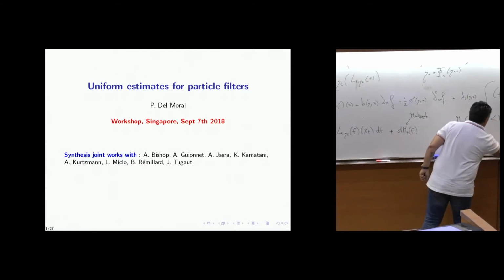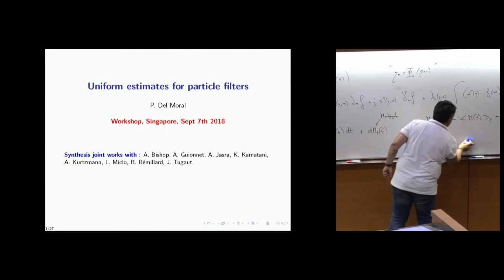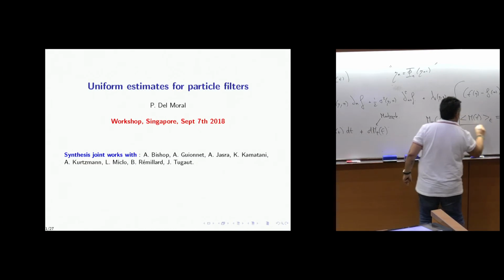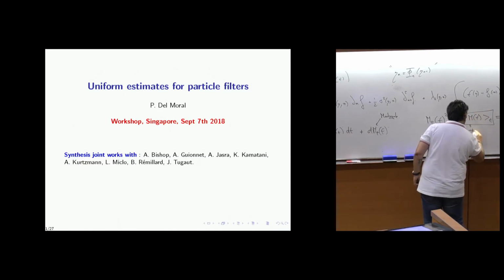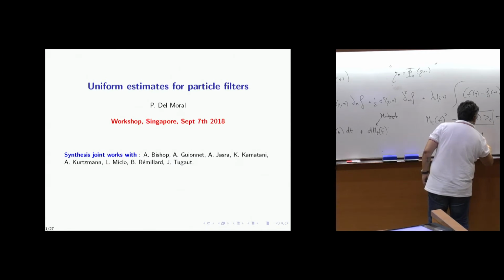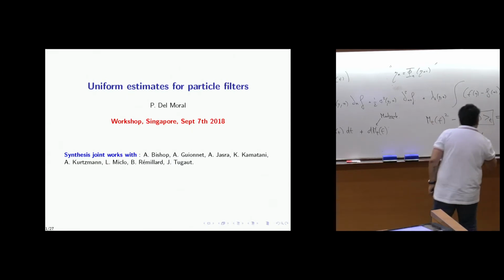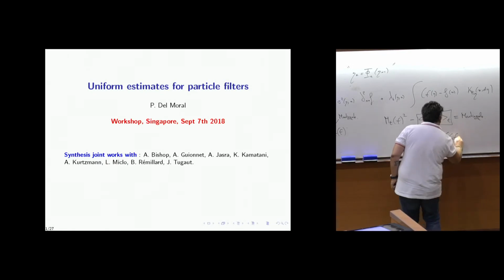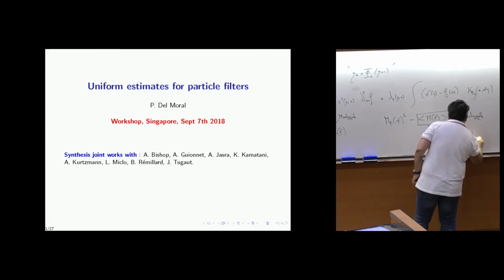I will not talk about this. In that situation, the key point is that this can be computed using what is called the carré du champ, L_s eta_s, f f, X_s ds.